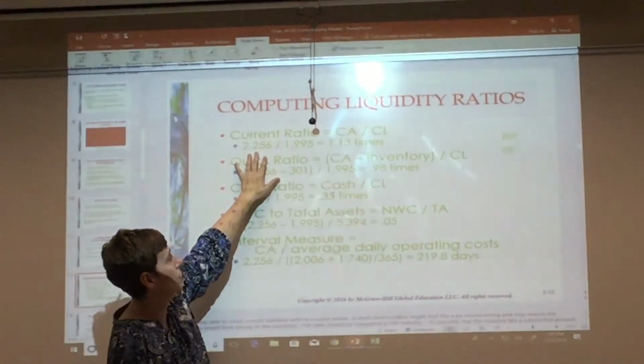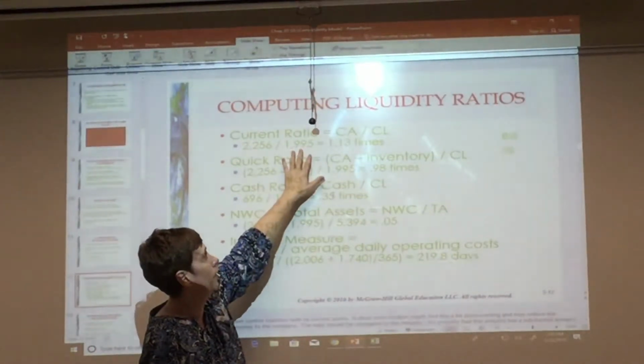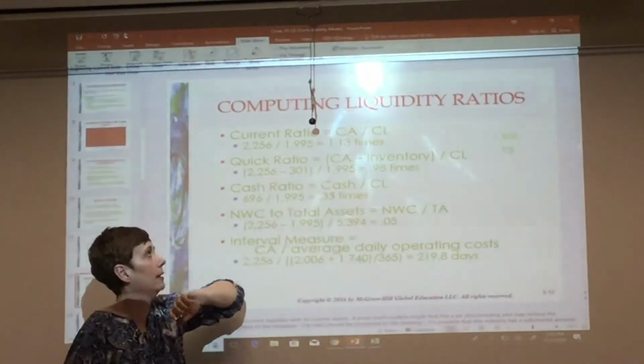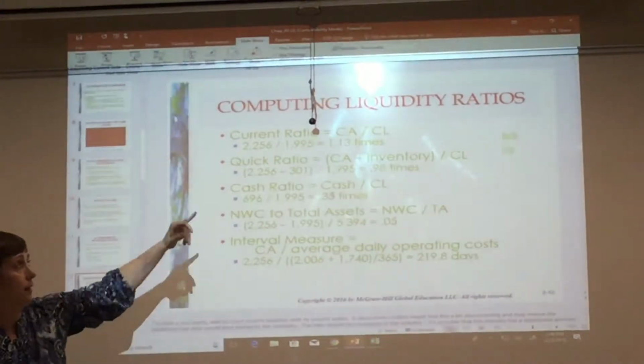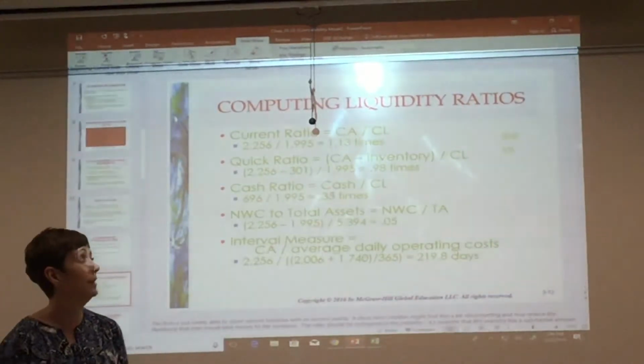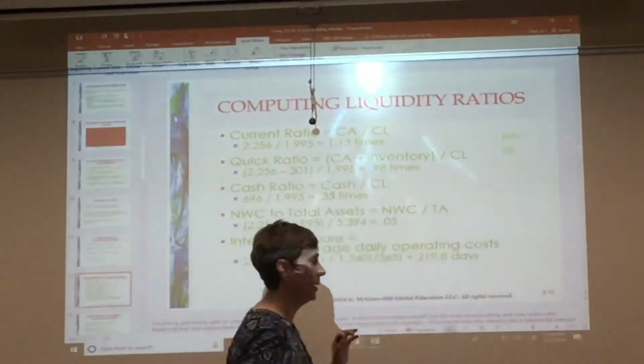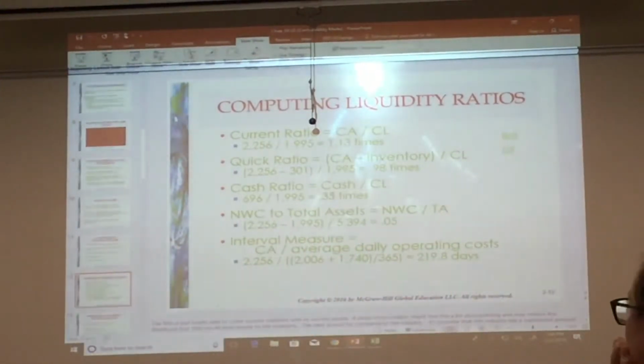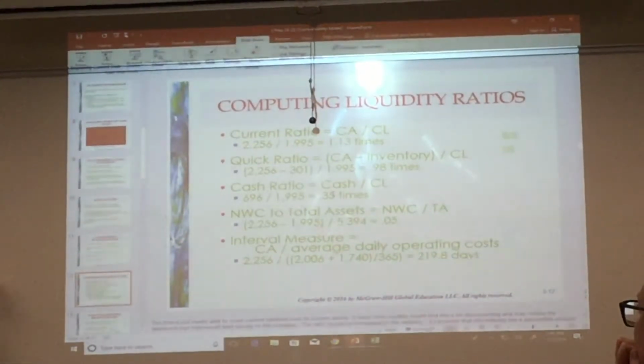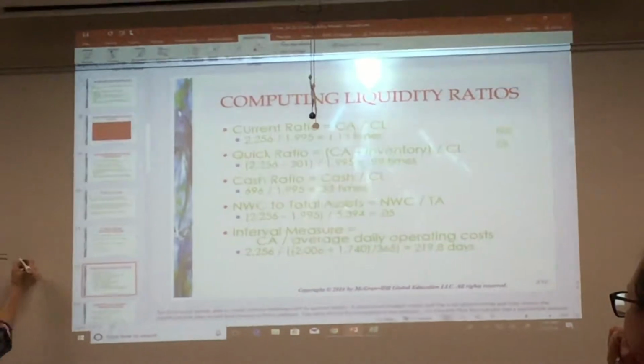Current assets were $22.56. The current liabilities were $1,995. We get a ratio, it's 1.13. All right, so let me write this down. Current ratio is current assets over current liabilities.